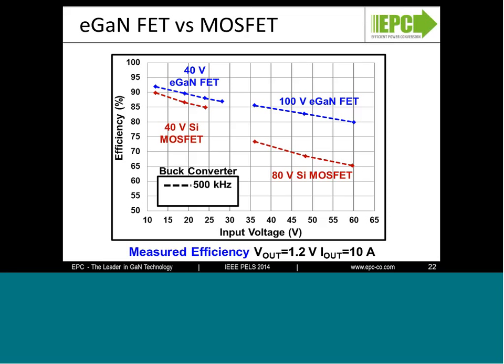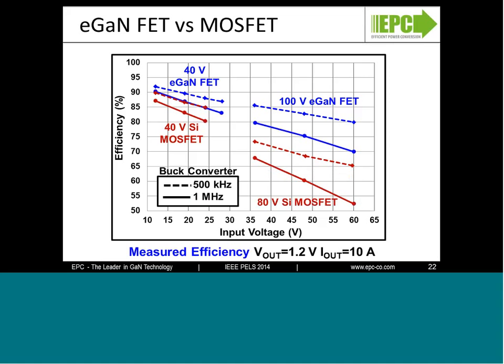So as we showed previously, that 3x improvement of figure of merit over the state-of-the-art MOSFET, that's going to give us even larger switching advantages. So you can see going from low voltage to high voltage, GaN can offer performance improvements. And as you increase the voltage, you're going to see a larger advantage by switching to gallium nitride transistors. And these were all run at 500 kilohertz.